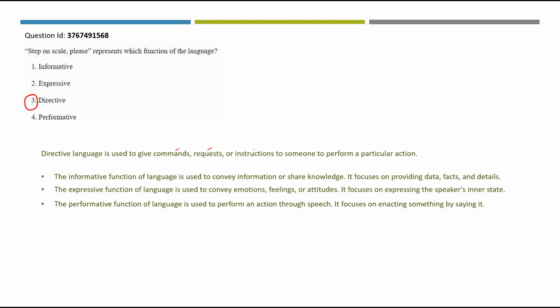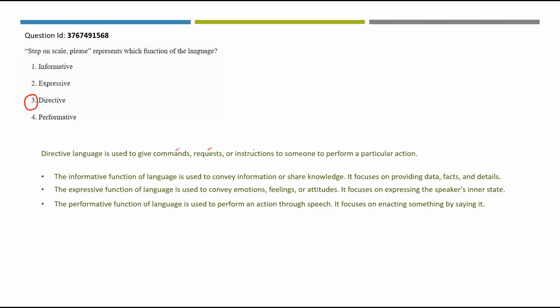What about the other 3 options? The informative function is used to convey information or share knowledge. It focuses on providing data, facts and details. It's just about sharing some kind of information and it's not related to request or order. What about expressive function? This is used to convey emotions, feelings or attitudes.